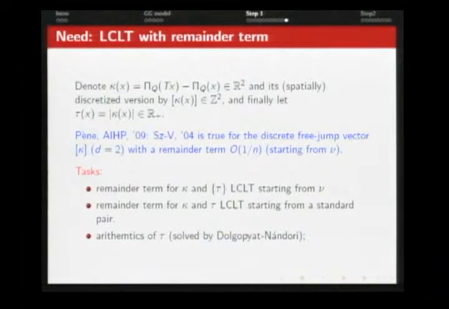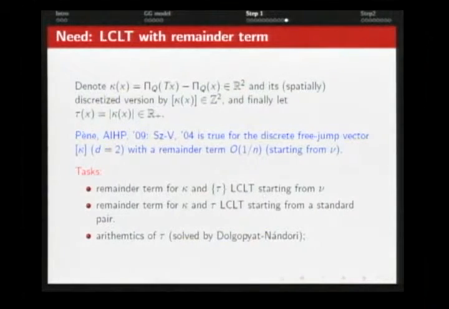But she proved this for the discrete free jump vector of a billiard, and it simplifies life because if you start from this Young construction, then along stable manifolds, the discrete free jump vector is the same. This is what I can tell about it.